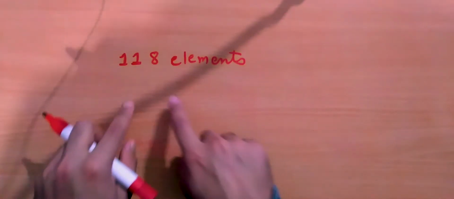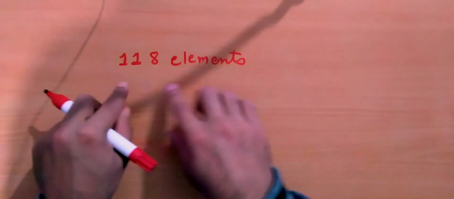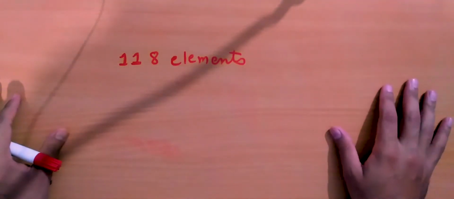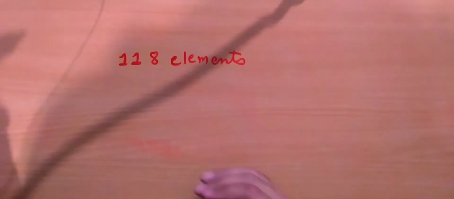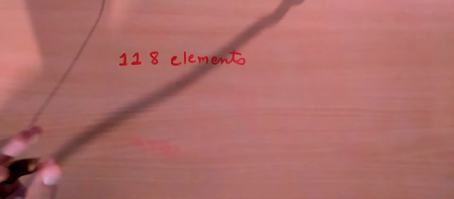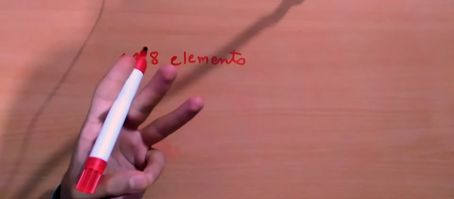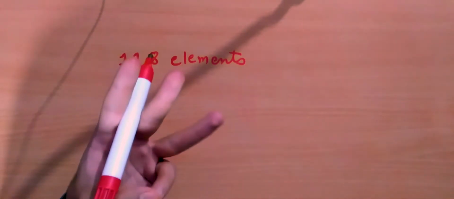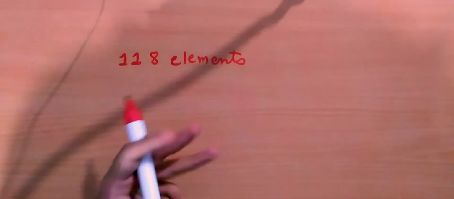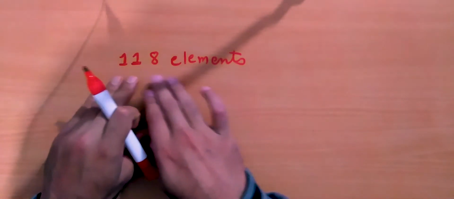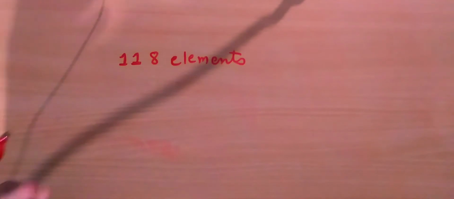Every atom in the whole universe is one of these 118 types or 118 elements. But we just saw right now that an atom is made up of only 3 types of basic particles. So how can these 3 types of basic particles create as many as 118 elements? So let us look at that part in this video.